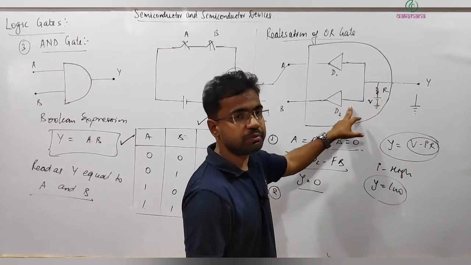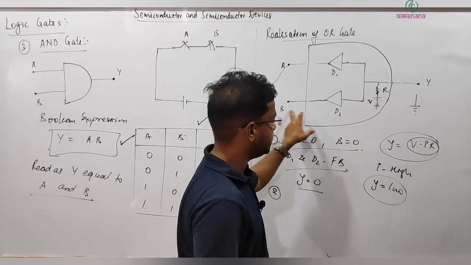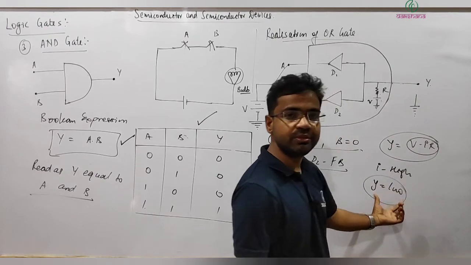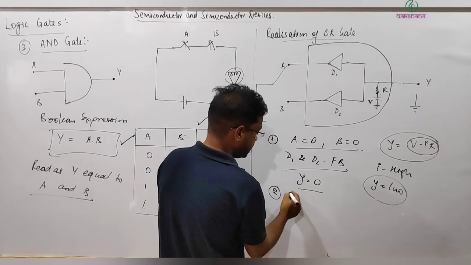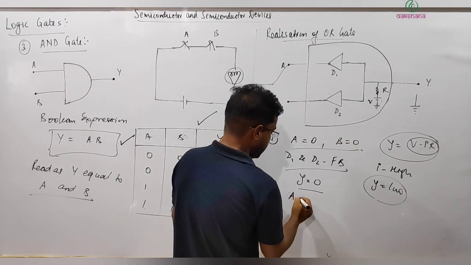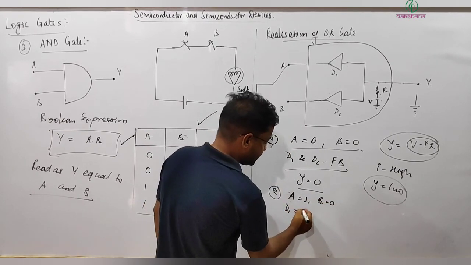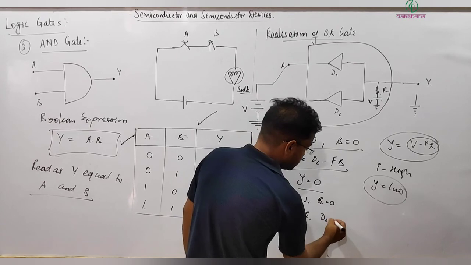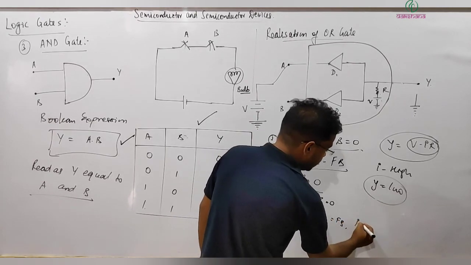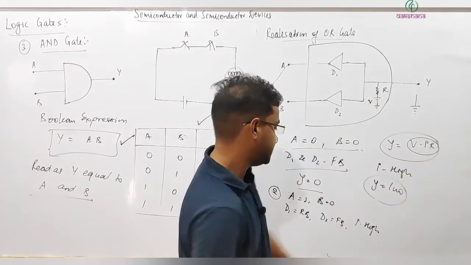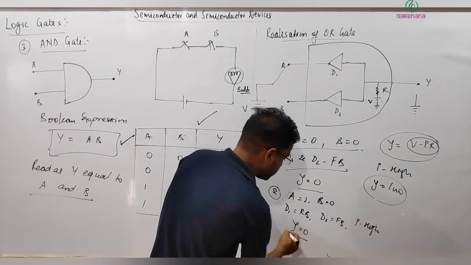This will be forward biased, current will be going this way, still I will be high, and V minus IR, so Y output we will be getting still 0. So here in this situation, A 1, B 0, D1 you can write reverse bias, D2 is forward bias, so I is high, and Y output voltage will be still low, so Y will be 0, and so on.